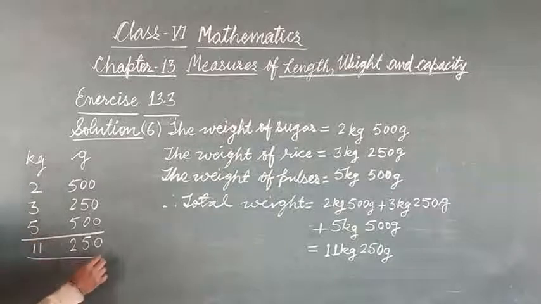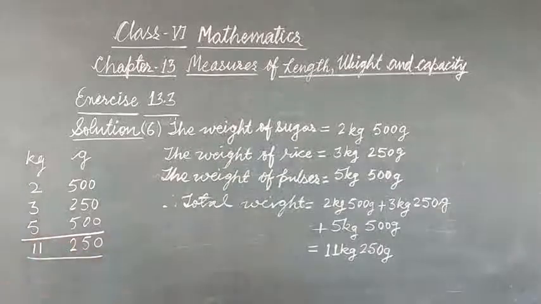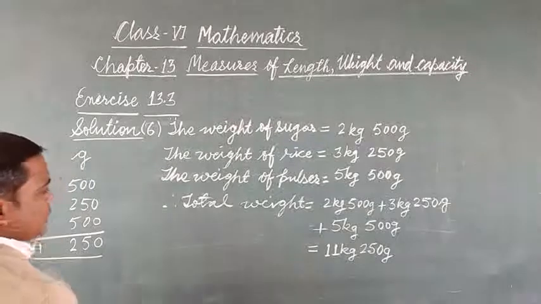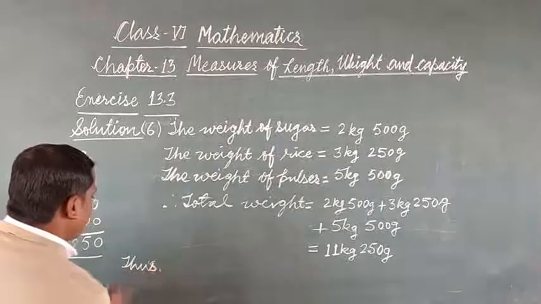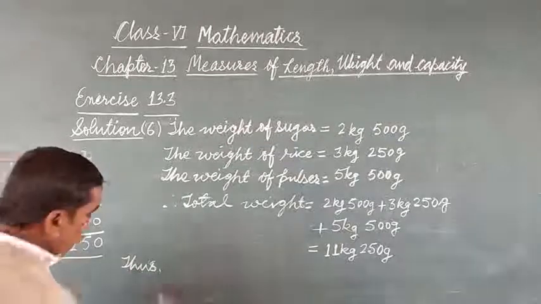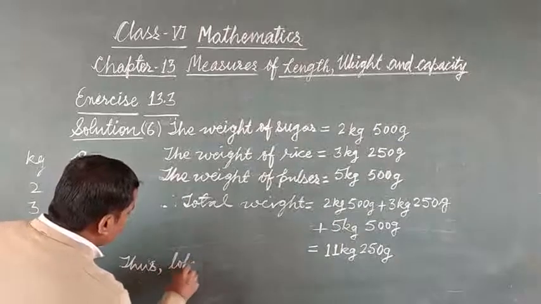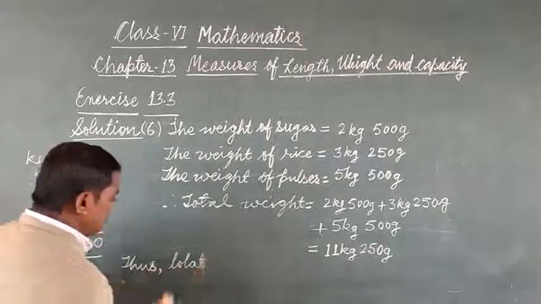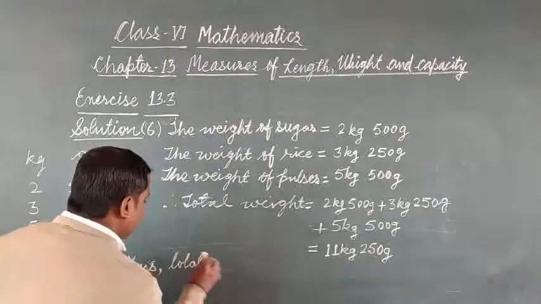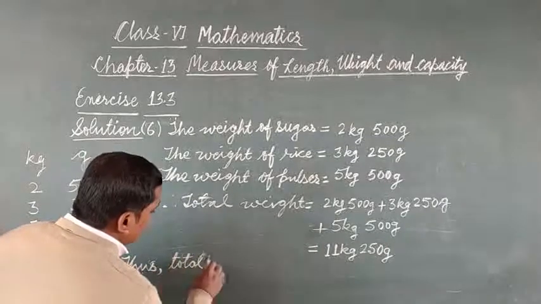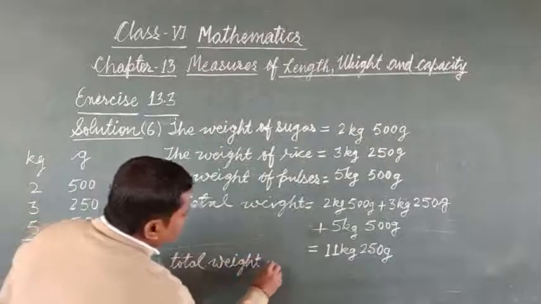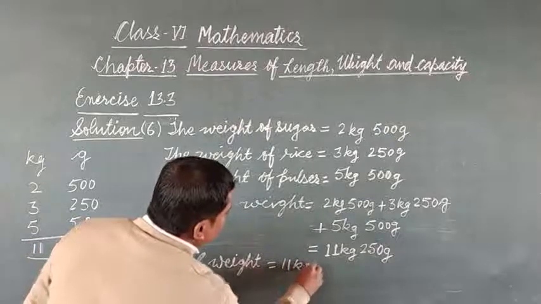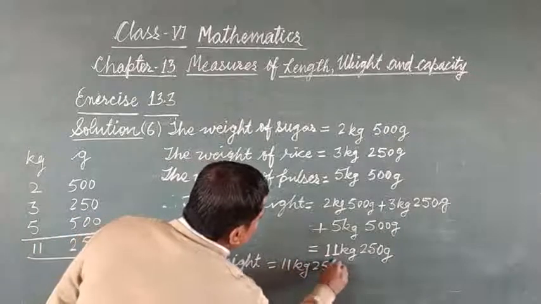So here we will get 11 kg 250 gram. So this will be the required answer. Thus total weight is equal to 11 kg 250 gram.